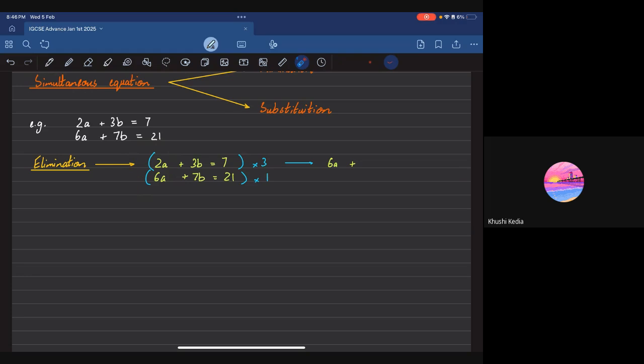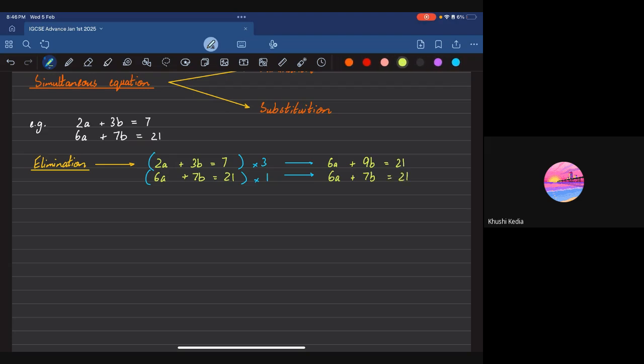So it's going to be 6a plus 3 times 3 is 9b, equal to 7 times 3 is 21. And the bottom equation is going to remain as it is because we technically multiplied it with 1. So it's going to remain 6a plus 7b is equal to 21.